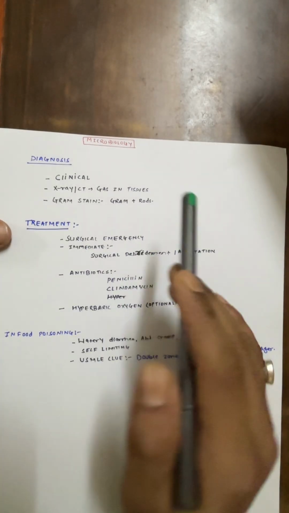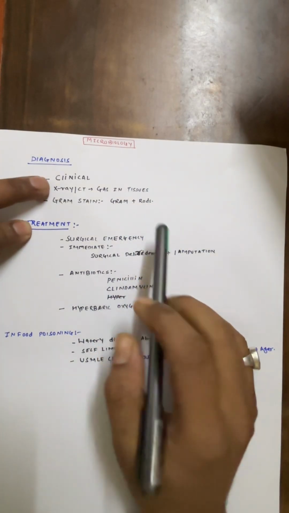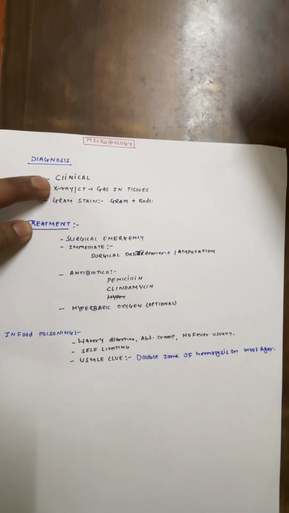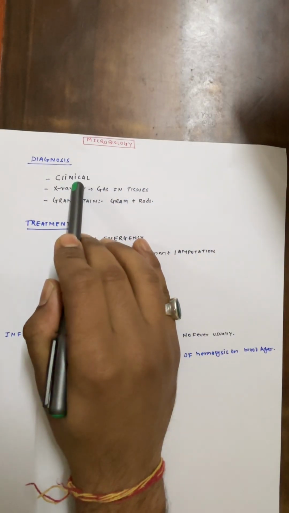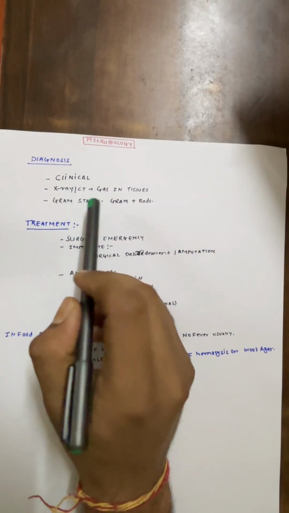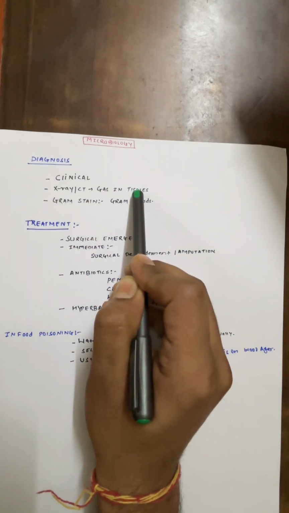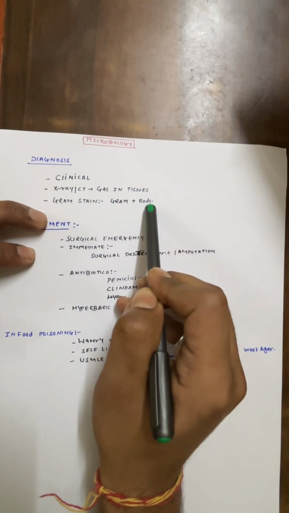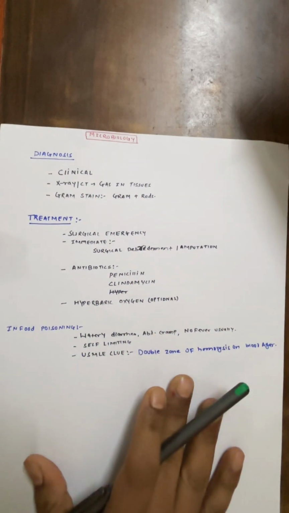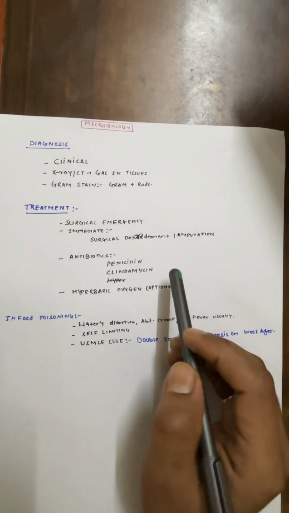Now, how do we diagnose Clostridium perfringens? Like other Clostridium species, it is diagnosed mostly clinically, based on the clinical presentation. If you do an X-ray or CT, you'll find gas present in the tissues. If you do gram staining, you'll get gram-positive rods because it's a bacillus. Now coming to the treatment, this is a surgical emergency.